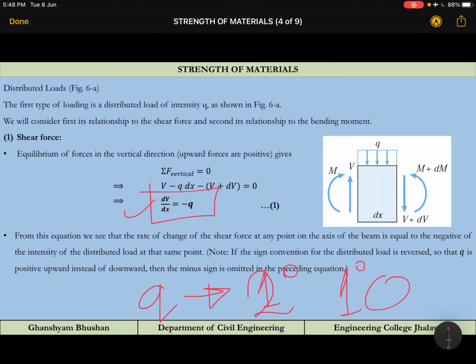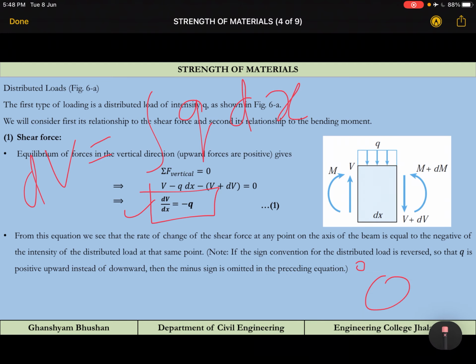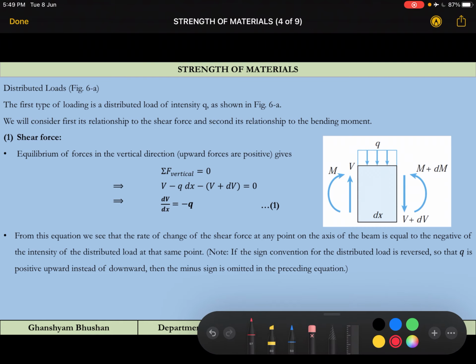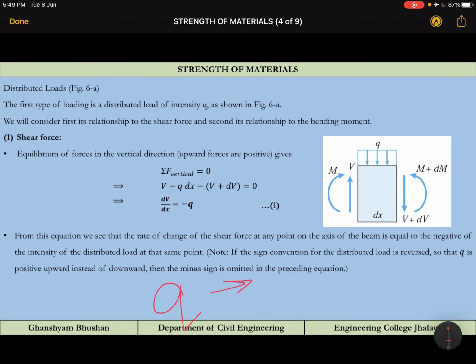Why? Because for shear force, dV will be the integral of Q dx. If Q is varying by n degree, then V will be n plus 1 degree.